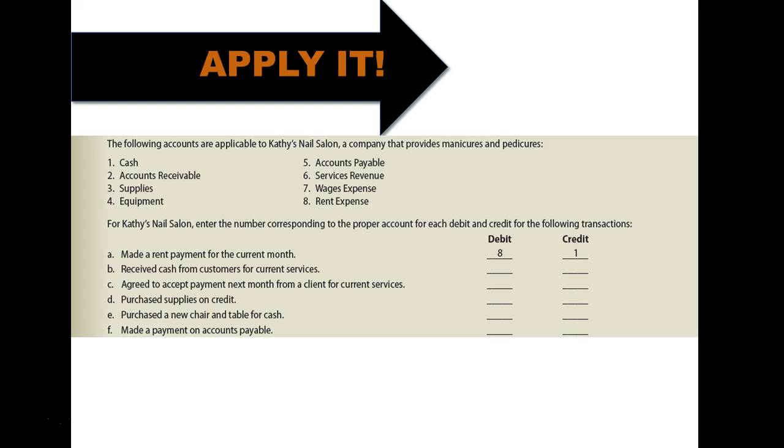C, agreed to accept payment for next month from a client for current service. So we're not going to get paid right now. She promises to pay us next month. So instead of our cash increasing, what's going to increase? Accounts receivable, number 2, will go up or be debited.